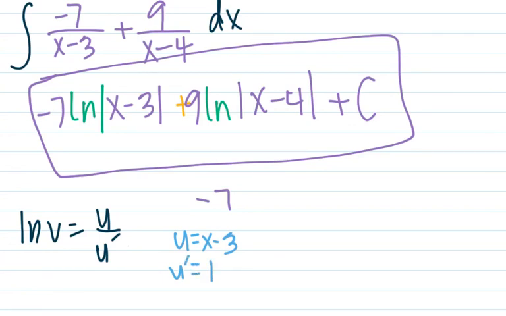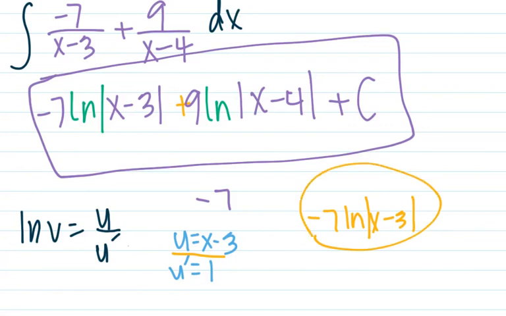The derivative of negative 3 is 0, so u prime is just going to be 1. So then our answer there would be negative 7 times the natural log of u. Now u is x minus 3, so we're going to put x minus 3 here. And then we could say divided by 1, but of course if we divide it by 1, we just end up with what's in the numerator. And if you see, this matches that. So that is how I got that. And the same for this part.